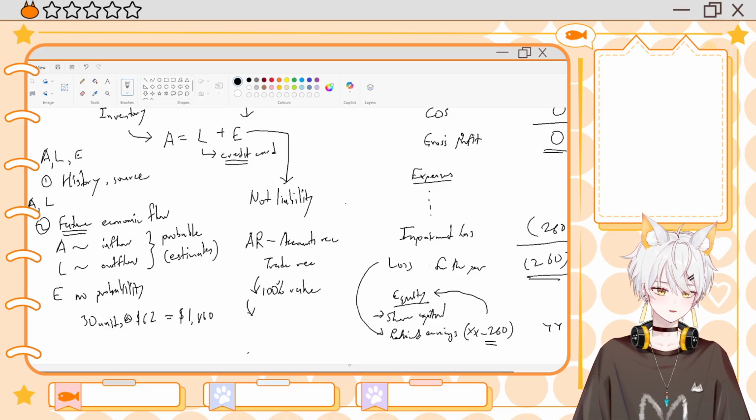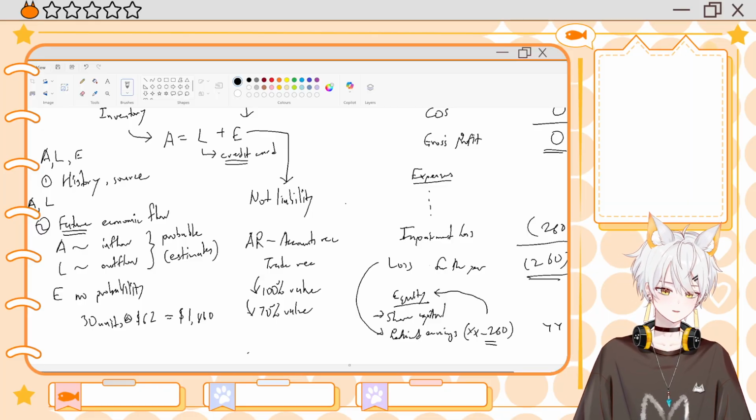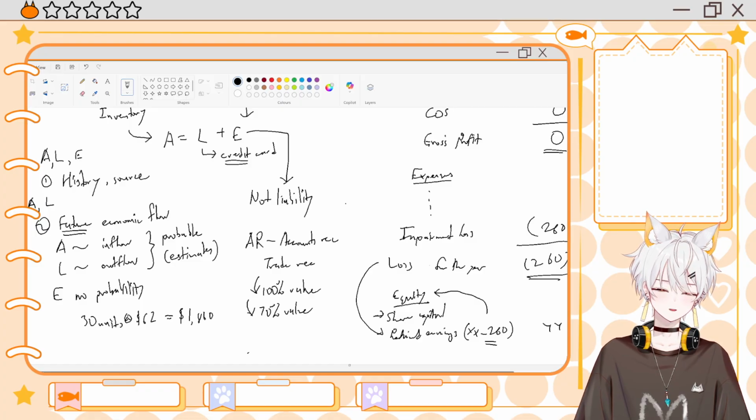If you are not sure, you give an estimate. For example, if there's a 70% chance you can pay me back, then it'll be valued at 70%. This is where professional judgment comes in, and also a bit of data analysis.